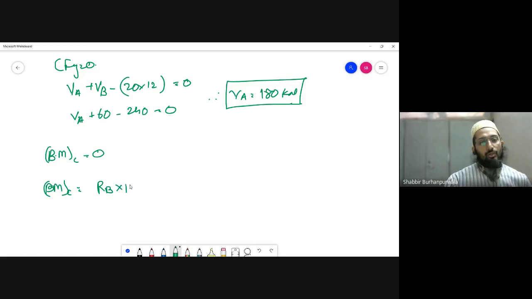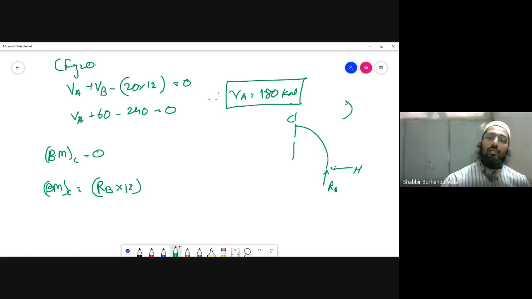So RB into 12. Now if you see this part which we are considering, this is C, this is your RB, and this is H. When we consider bending moment on this section, RB is trying to rotate in upward direction, so we consider that as positive.